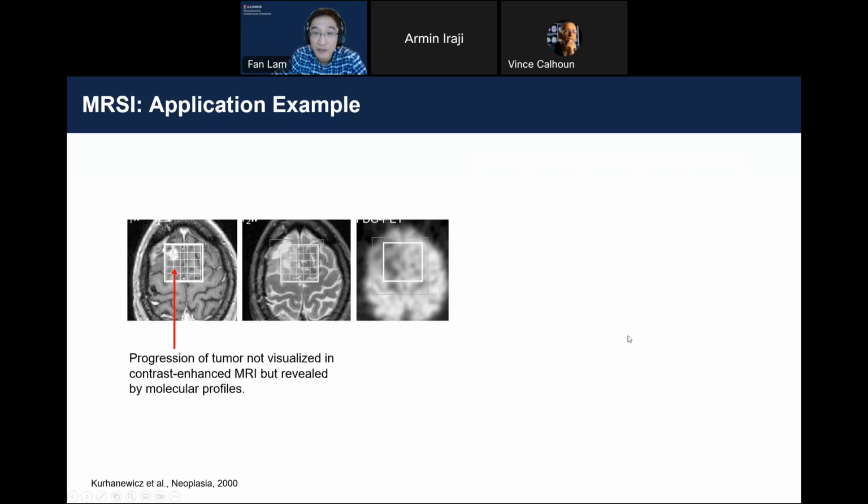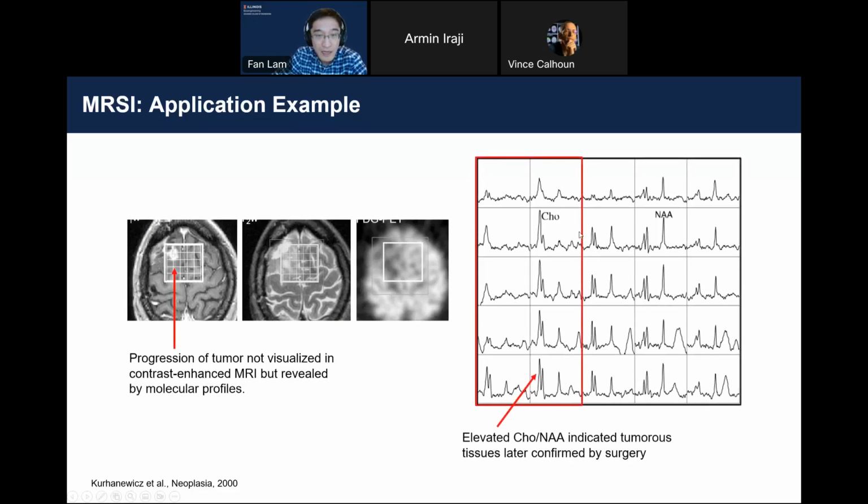Then they did a spectroscopy scan, allowing them to get not just a single molecule distribution, but molecular profile information across different locations of the brain. They identified that in the spreading region you do see an elevated choline to NAA ratio, which indicated that this is actually a tumor region spread far beyond what was highlighted in the T1 gadolinium enhanced image.